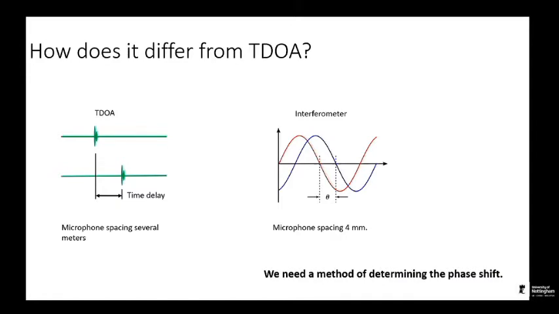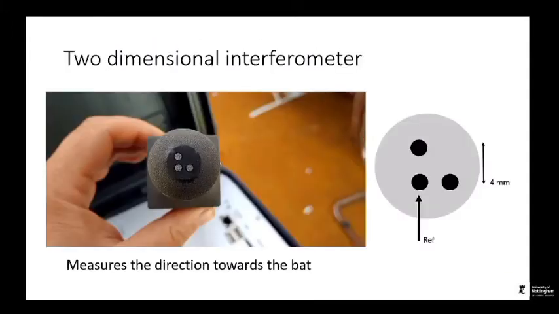Now, we need a method of determining that phase shift. If all animal species would cooperate and just emit nice simple sine waves, that would be very trivial, but bat calls, for example, are heavily modulated in amplitude and frequency, and it's quite a hard problem, but we've worked out a method to do that. We can do it, so it makes this method possible.